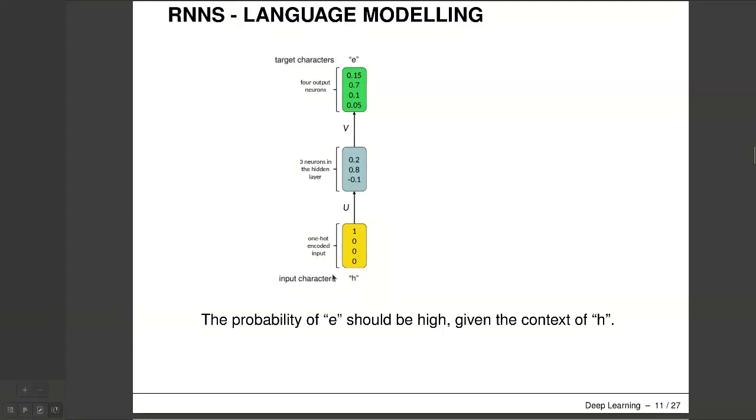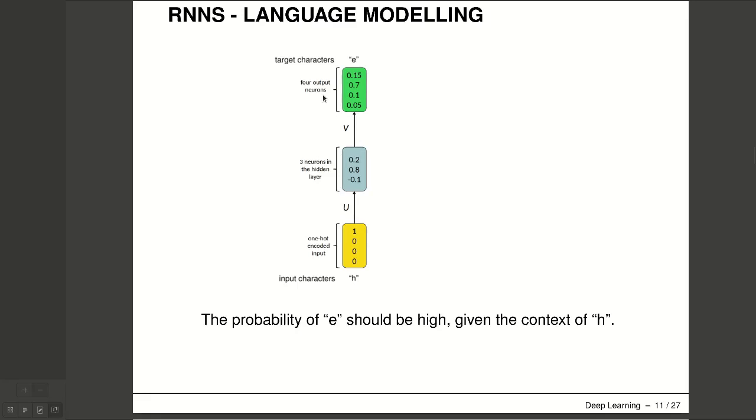Then this one-hot encoding is passed to the recurrent unit, which can be an LSTM or any type of recurrent neural network, with a specific weight function U. Here, for example, our recurrent unit has three neurons in the hidden layer. Afterwards, we have another weight function V from the hidden layer to the output, and our output also has four output neurons.